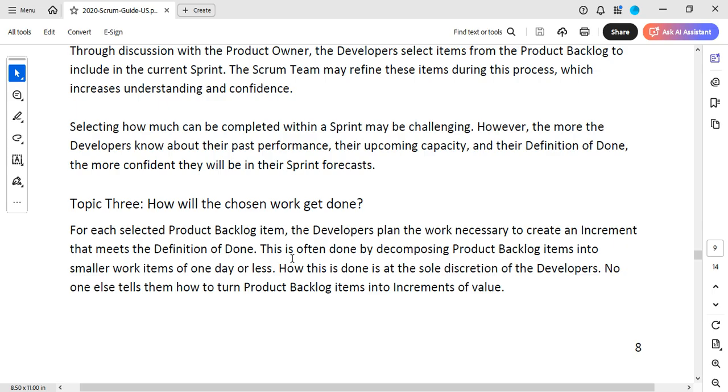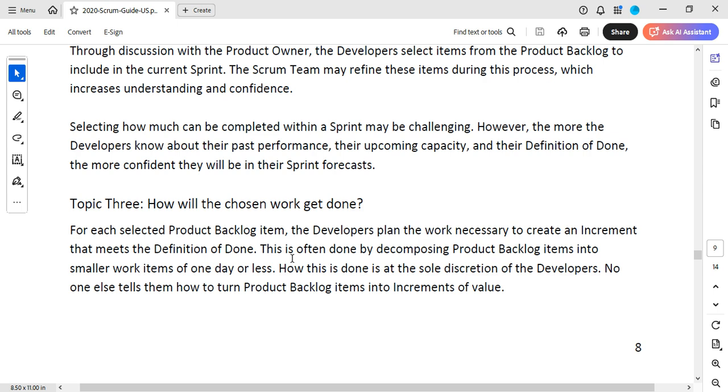This is often done by decomposing product backlog items into smaller work items of one day or less. That's breaking down the product backlog items to the barest minimum, maybe one day of work. How this is done is at the sole discretion of the developers.